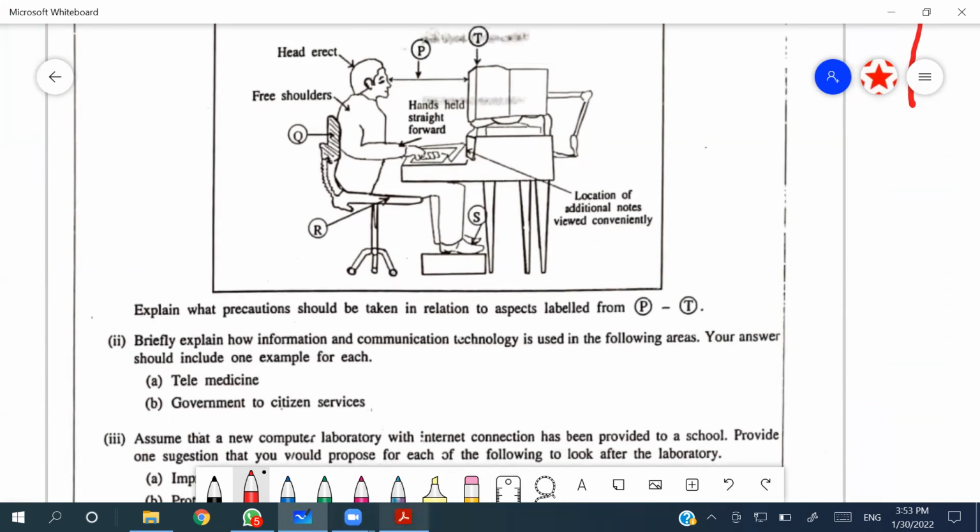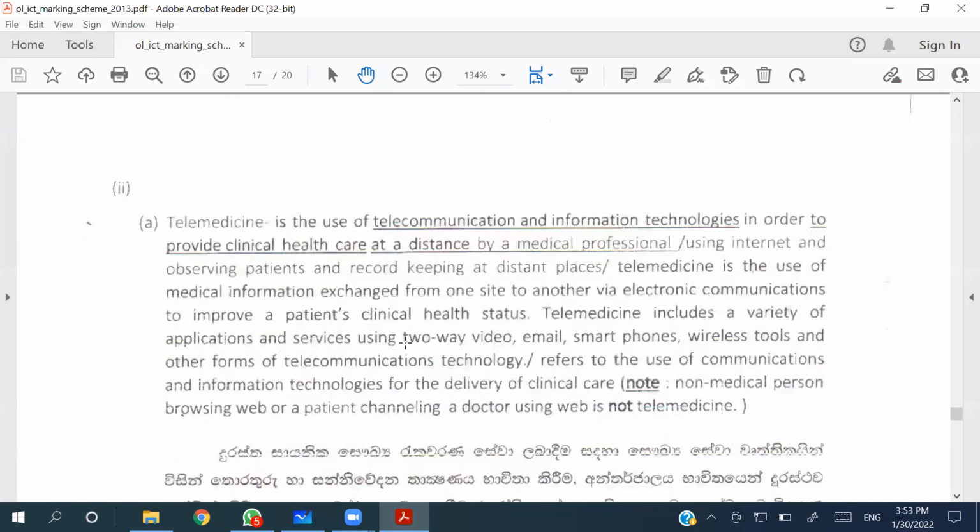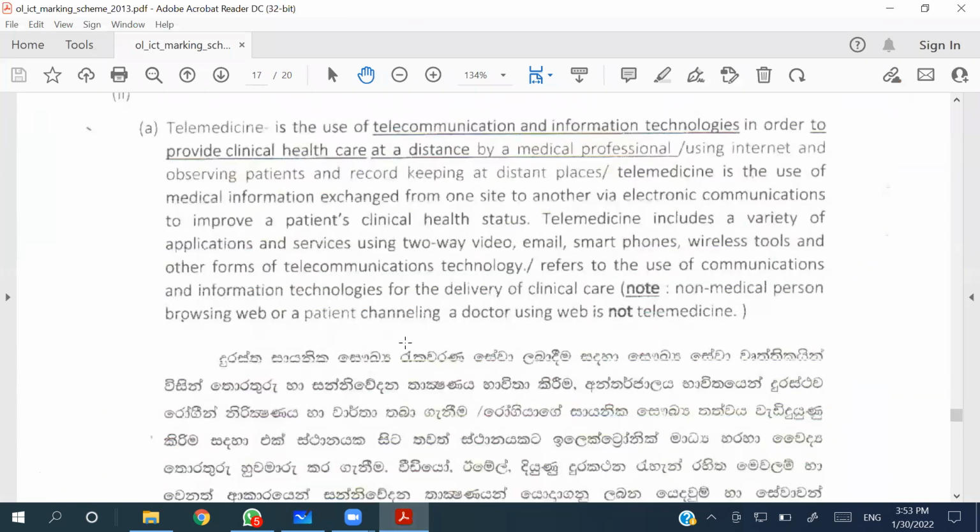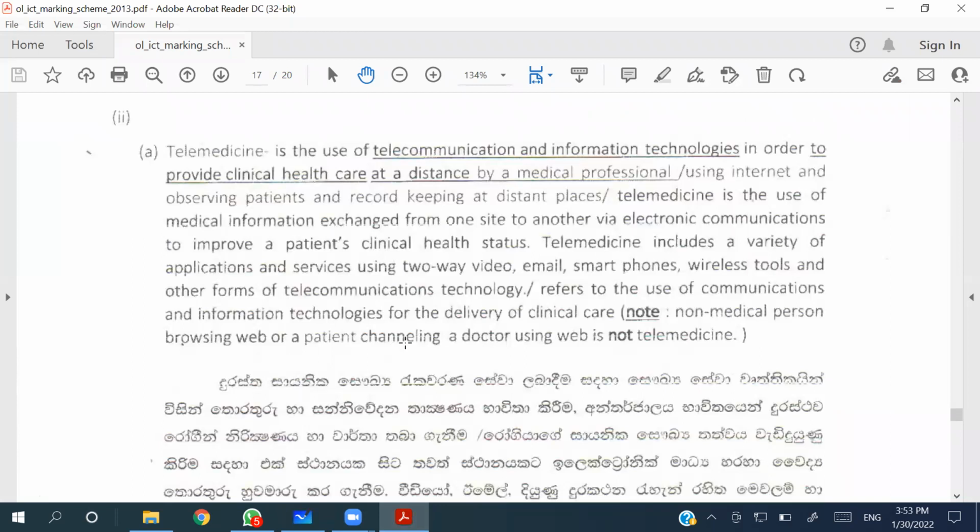Yeah, let's go with the marking scheme. So in telemedicine, you have to say it is the use of telecommunication and information technology in order to provide clinical health care at a distance by medical professionals, right? So some particular explanation should be there.